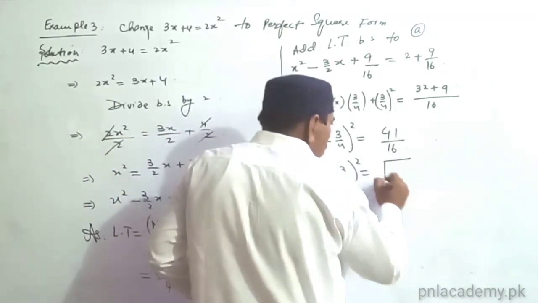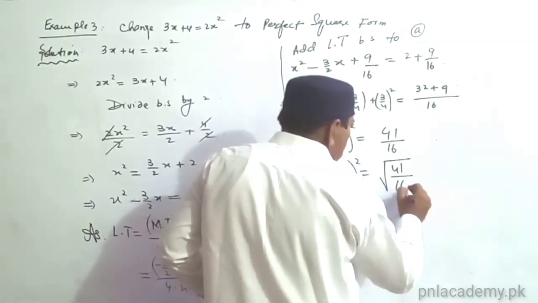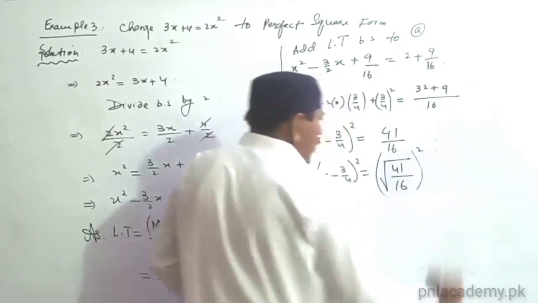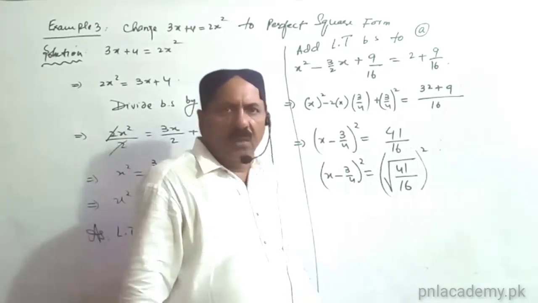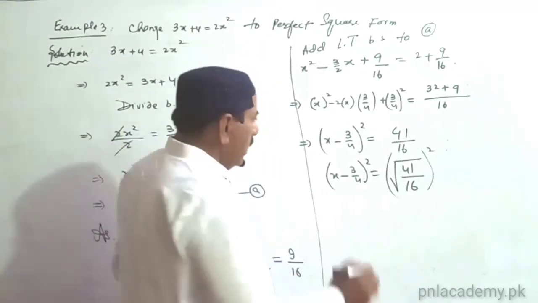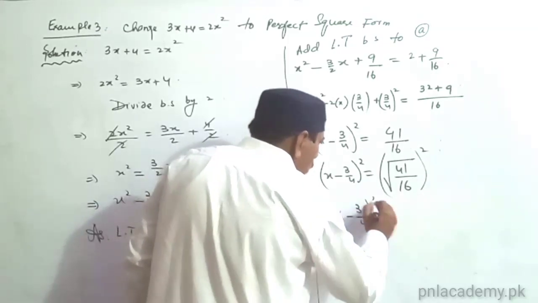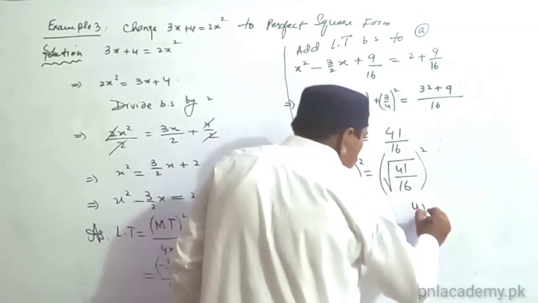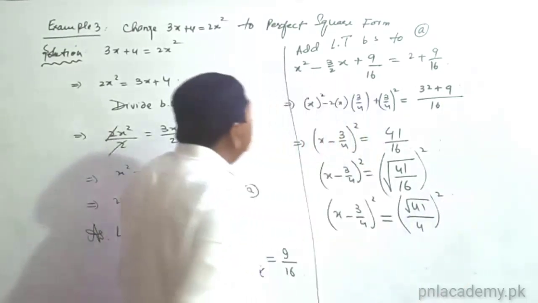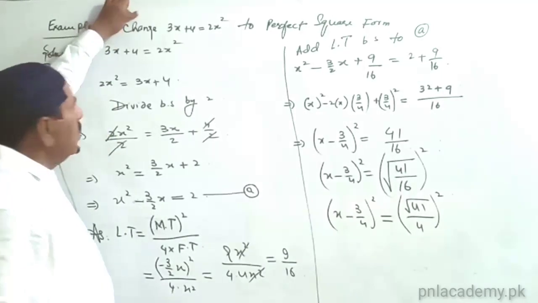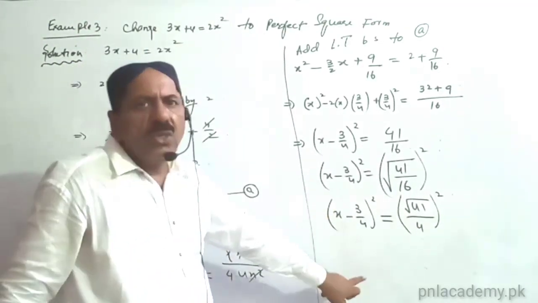Taking the square root, this will be radical 41 upon 16. You already know that 16 can come out of the radical sign as 4. This will be x minus 3 upon 4 equal to radical 41 upon 4.